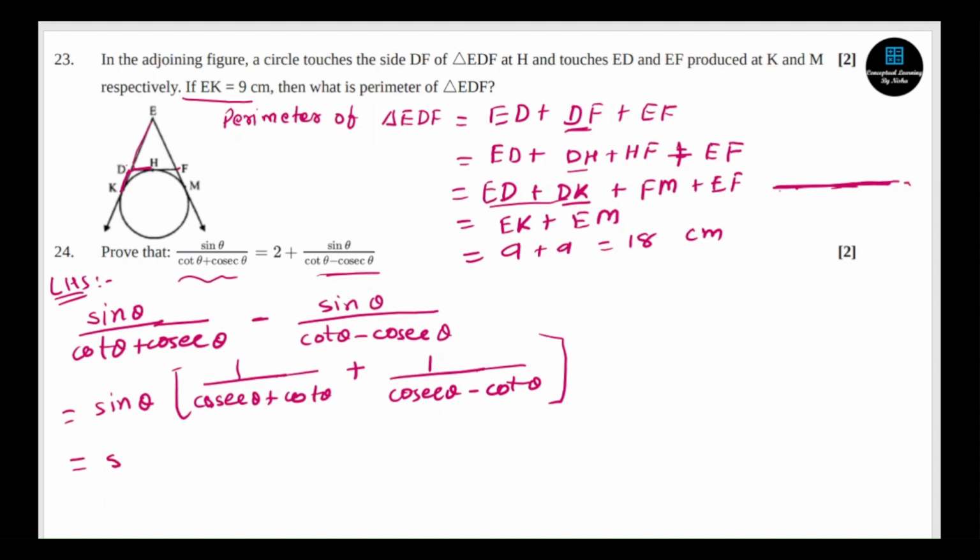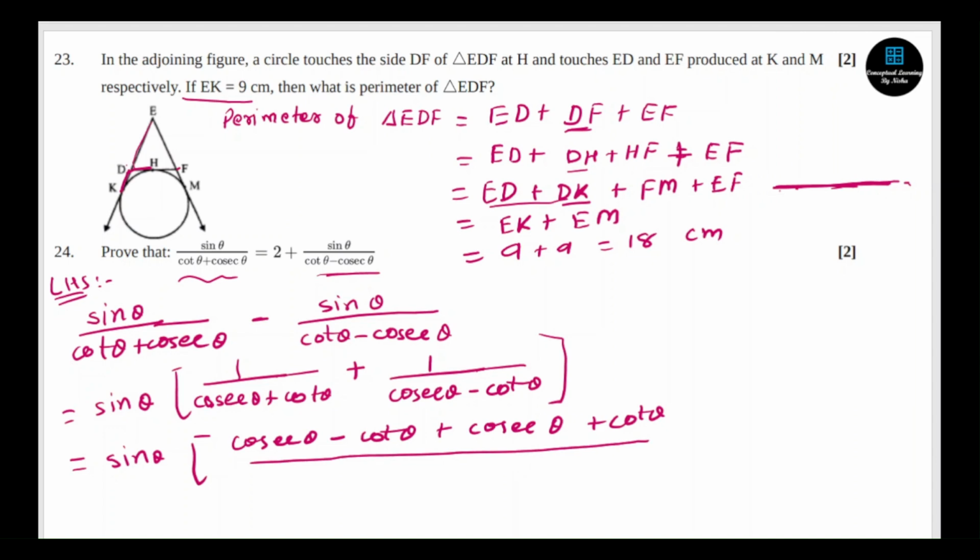Alright. Now, sin theta, if I take the LCM, what will I get? Cosec theta minus cot theta plus cosec theta plus cot theta over a plus b into a minus b. So, cosec square theta minus cot square theta. Now tell me, what is cosec square theta minus cot square theta?